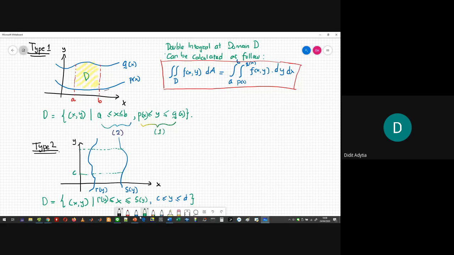This is c and d. So the green one is this, and the yellow one is the domain of computation. Okay, so this one is actually the d. Is it clear?